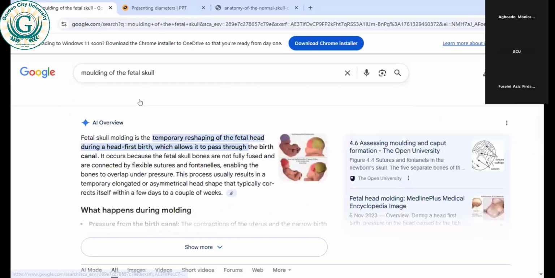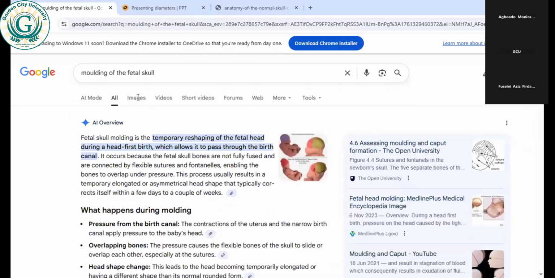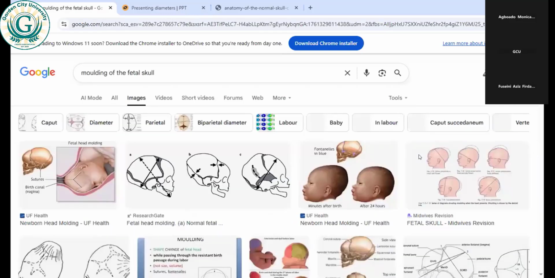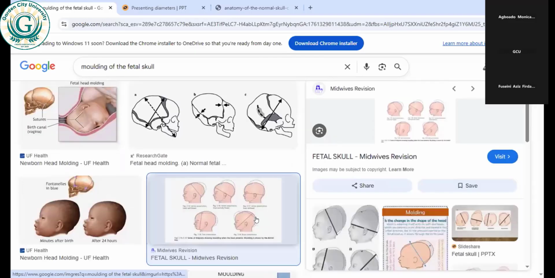This overriding allows a considerable reduction in the size of the presenting diameters, while the diameter at right angles to them is able to lengthen owing to the give of the skull bones.